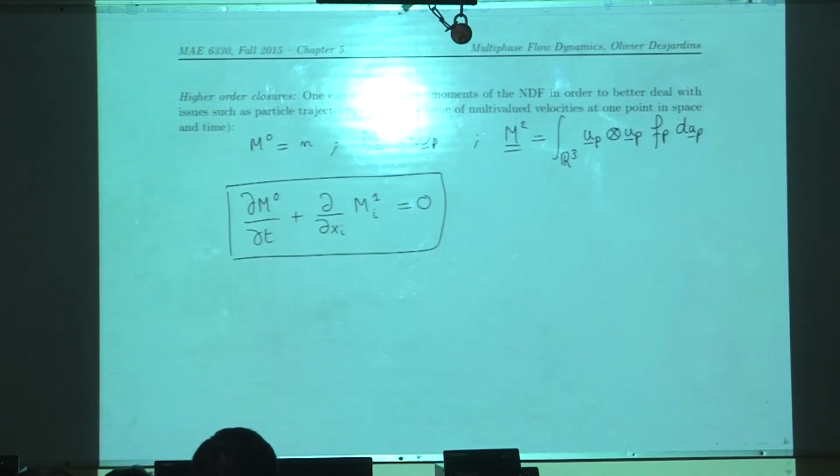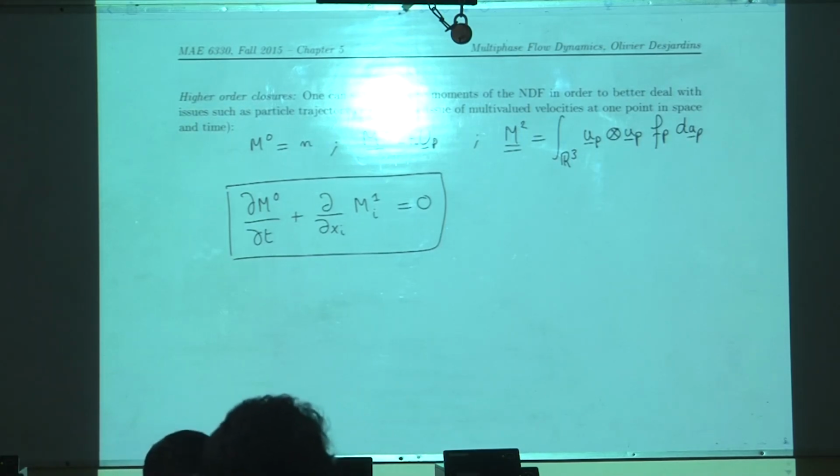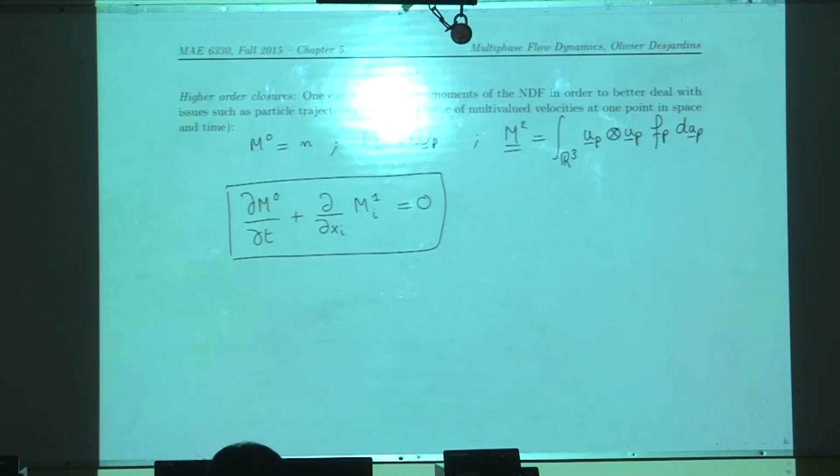This is exactly the same equation as the one we wrote before: dn dt plus divergence of particle velocity times n is equal to 0. So the zeroth order moment equation contains a divergence of the first order moment.